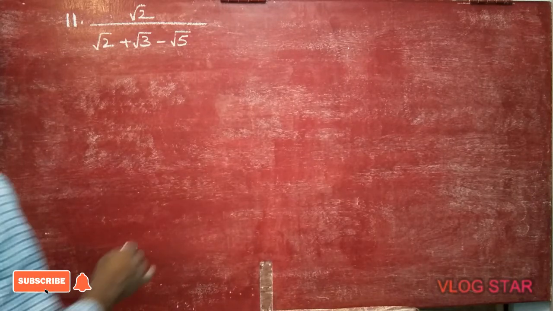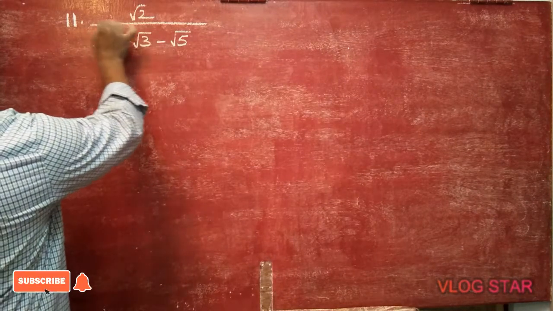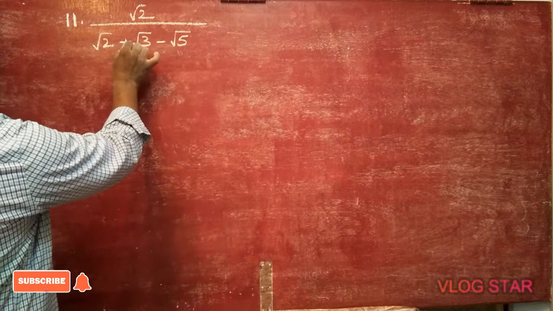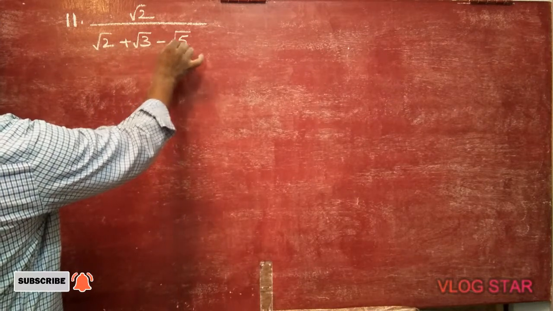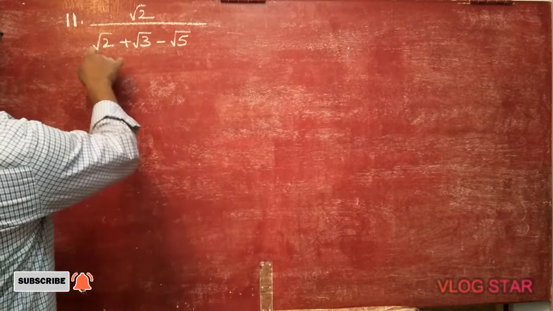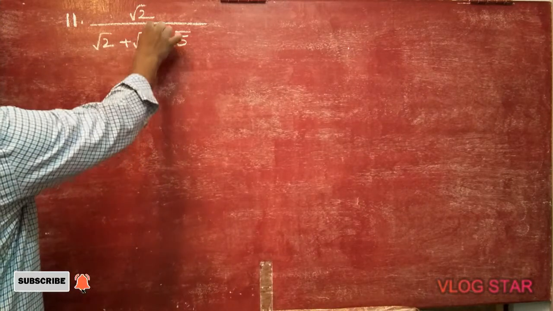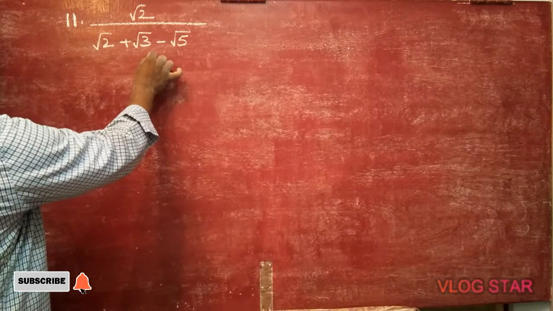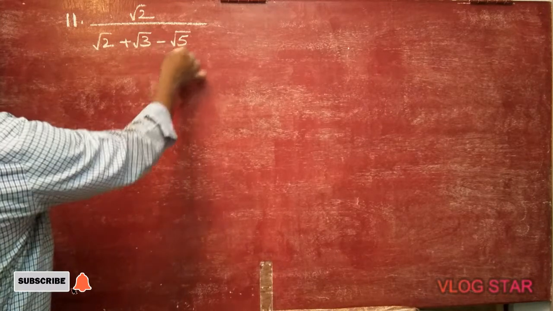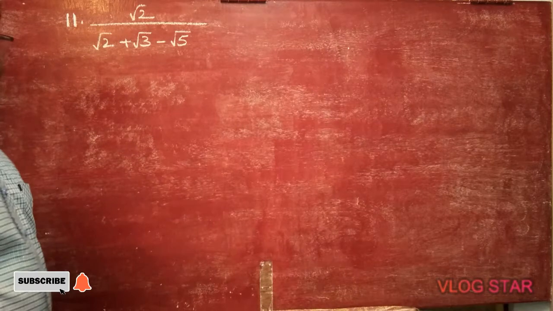Eleventh problem. Root 2 divided by root 2 plus root 3 minus root 5. Here 3 irrational numbers you are seeing. Either you can make the first 2 one group, or the last 2, as you wish.